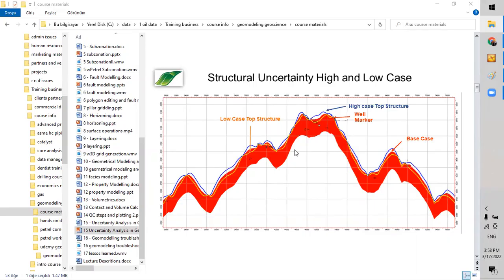And then we calculate the volumetrics from the structure, which reference point, which depth?